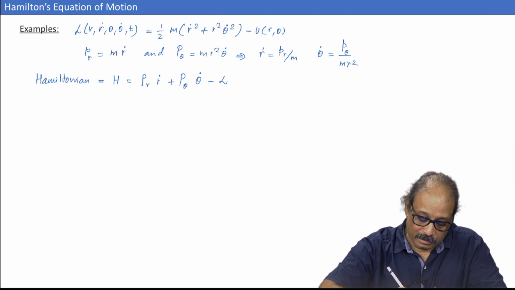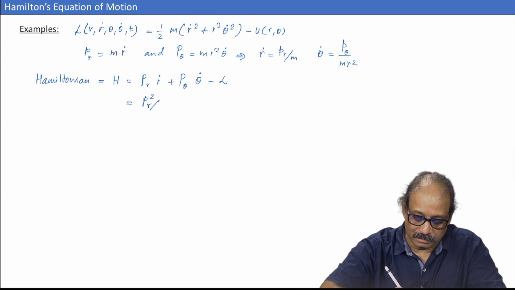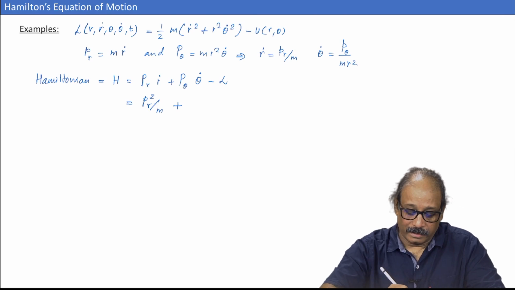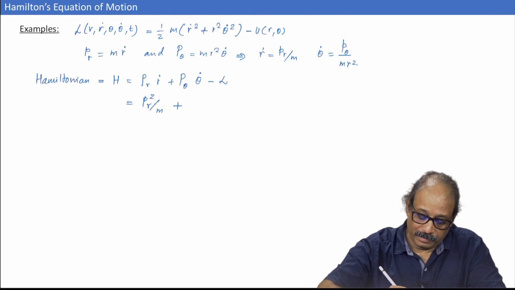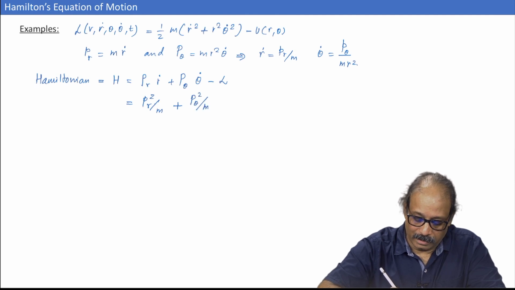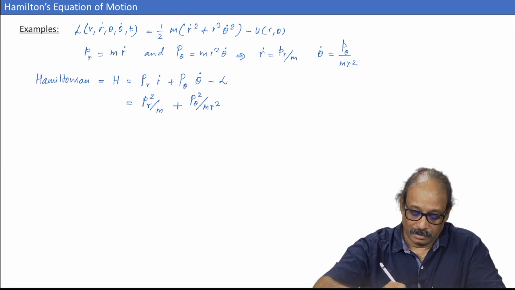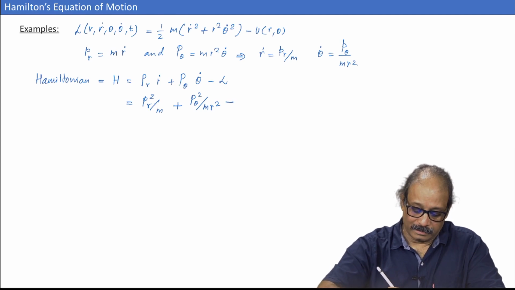So, this will be equal to p_r, r dot is nothing but p_r over m, so I will write this as p_r square by m plus p_theta square by m r square minus the Lagrangian.